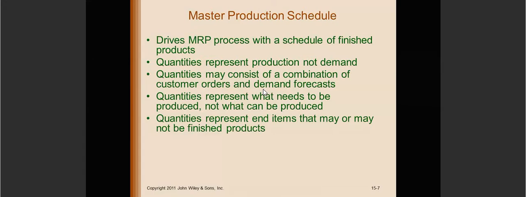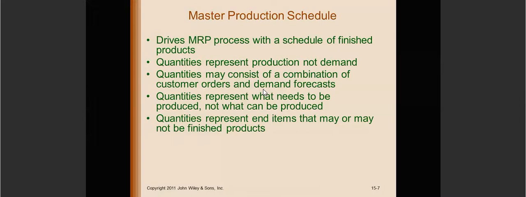A quantity represents an item that may or may not be a finished product. Although we consider the quantities in the master production schedule to be product, it is not necessarily a finished product.